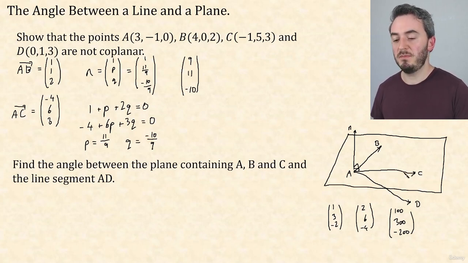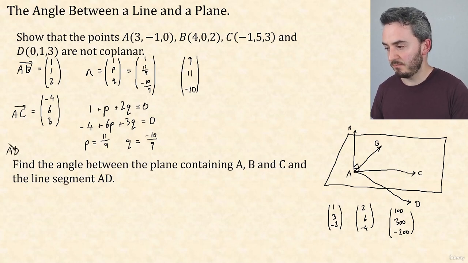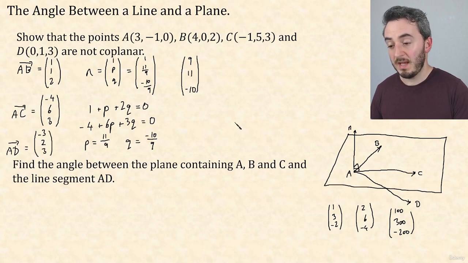Let's see if it's perpendicular to AD. So what is AD? Well, AD is the coordinates of D minus coordinates of A. So that's 0 minus 3 is minus 3, 1 minus minus 1 is 2, and 3 minus 0 is 3. And now when we dot our newly found normal vector, 9, 11, minus 10, with AD, minus 3, 2, 3, what do we get?